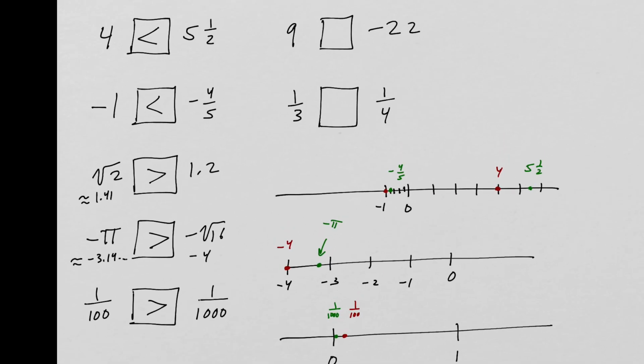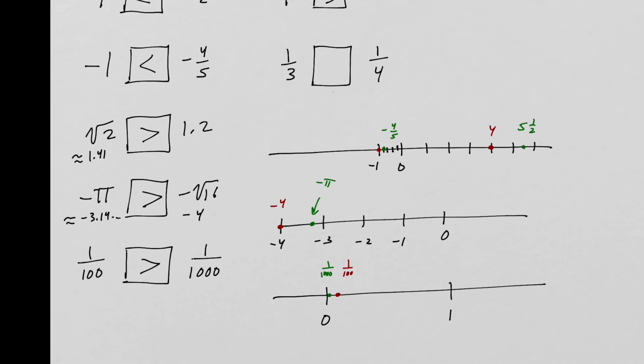Okay, 9 compared to -22. Well, 9 is positive, -22 is negative, so this one is definitely greater than. And then 1/3 compared to 1/4. Let me use the same real number line here. So 1/3 is if I split this up into 3 pieces, so that would be right here.